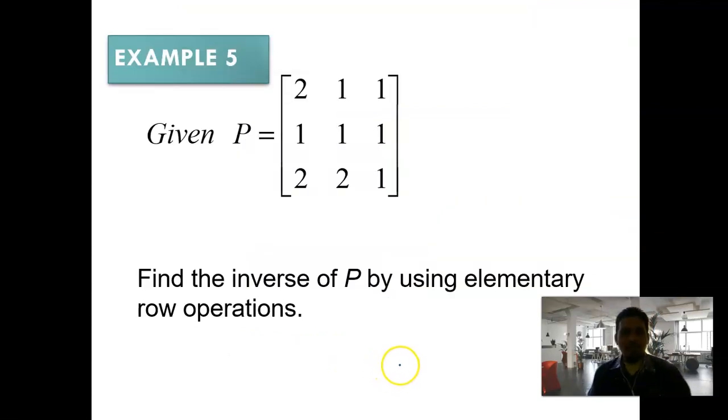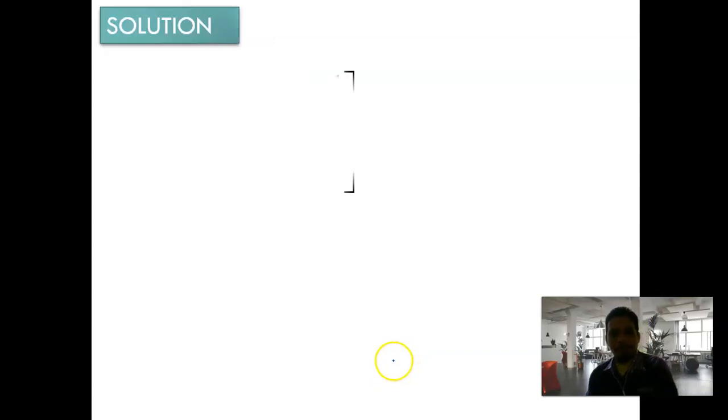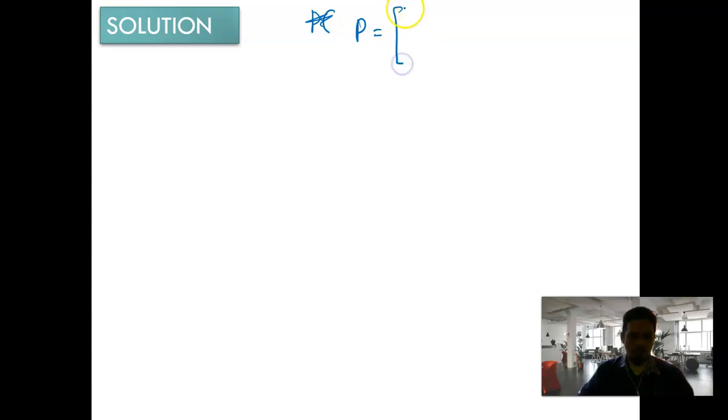Find the inverse of P using elementary row operation. Let's say P equal to 2, 1, 1, 1, 1, 1, 2, 2, 1.